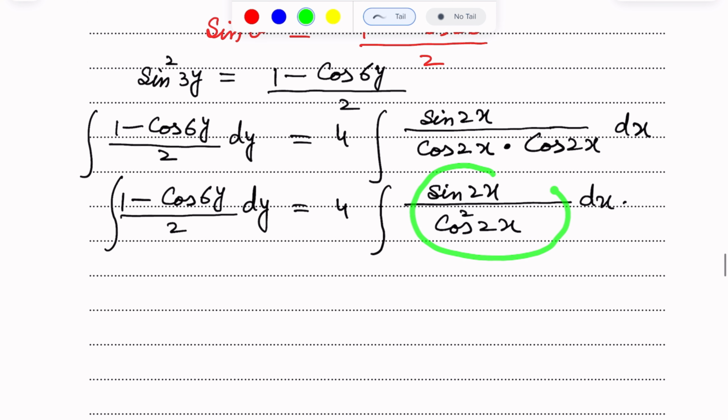But what will be the integration of this function, that is, on the right hand side sine 2x over cos square 2x? So here a formula will be used.